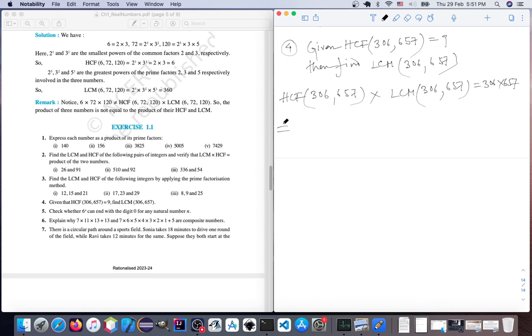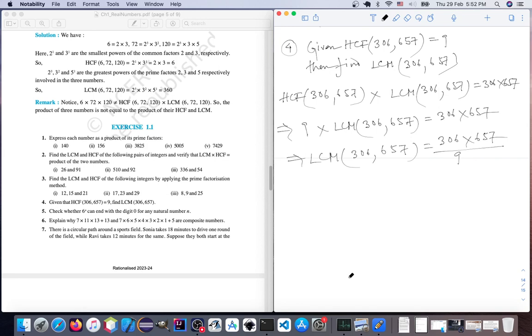So this implies HCF is given as 9 and LCM equals 306 into 657, so we get the LCM as 306 into 657 divided by 9. So you have to simplify this value and get the answer. I'm not doing that.